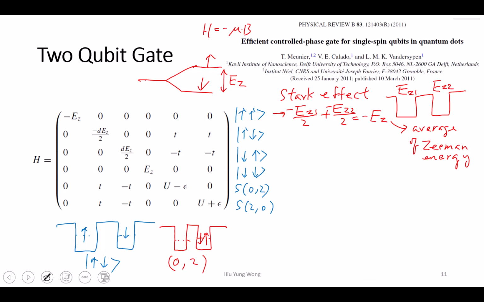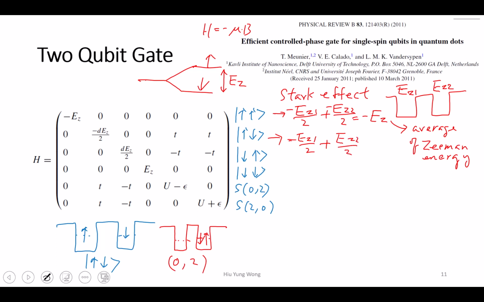I forgot what the paper put for this one, but I think they put spin up. But if it's spin up, the energy should be EZ instead of negative EZ, right? But anyway, that is not important. How about this one? In this case, I have a spin up. It gives negative EZ1 for the first one, and then because it's spin down, instead of negative, it becomes positive, just the opposite direction, EZ2 divided by 2.